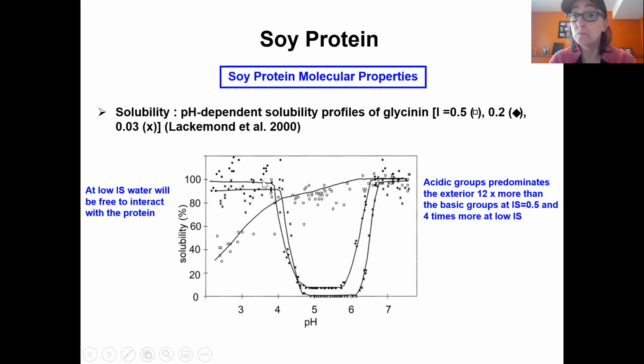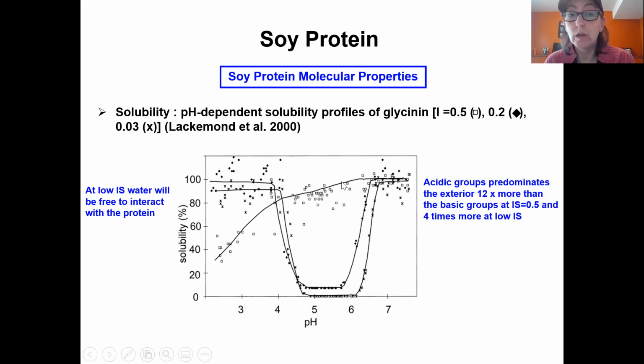Now, at this low ionic strength, when we decrease the pH, we start to lose charge on the surface, and then the protein loses solubility. But then as we increase the pH again, we start getting that negative charge and more interaction with water at this low ionic strength.